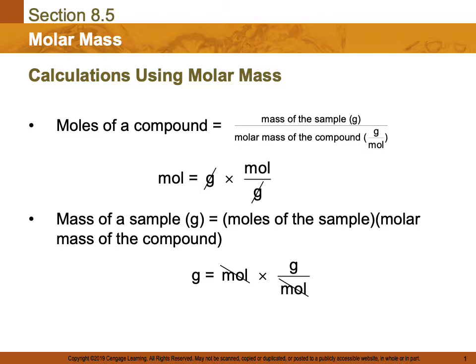In this slide, we see the general pathway for solving molar mass problems, and you can really ignore this thing on the top. This relationship, moles divided by molar mass. We are going to use the conversion factor. So in this case, we want to focus on if we want to find the number of moles and we know the mass, we would multiply by 1 mole divided by grams.